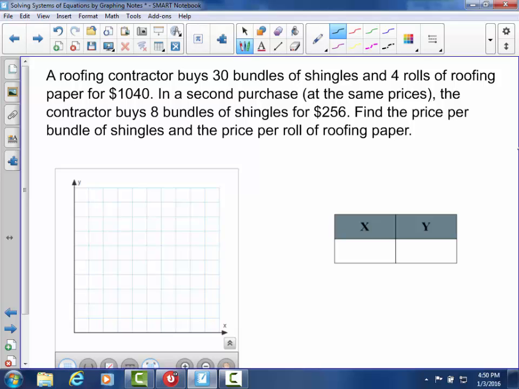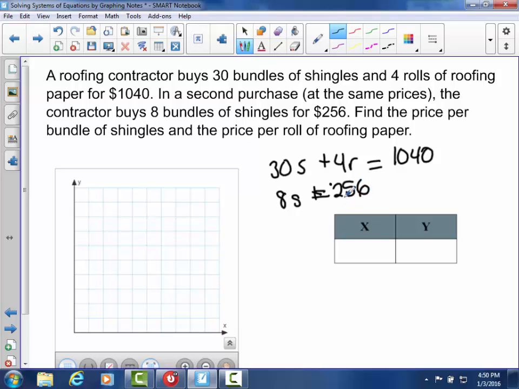So we know in situation number 1 that we had 30 bundles of shingles, we'll call those S, and we had 4 rolls of paper, we'll call that R, and that equaled $1,040. And then we had just 8 bundles of shingles for $256.